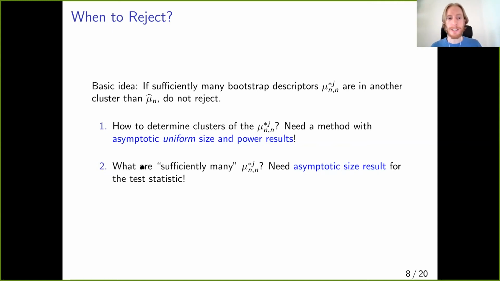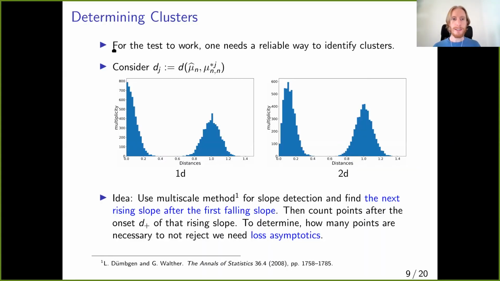And the second question is then, what are sufficiently many bootstrap descriptors in the second cluster? And for that, we need an asymptotic size result for the test statistic. And that's what we need our loss asymptotics for. Okay, but we start out with the question of determining clusters.